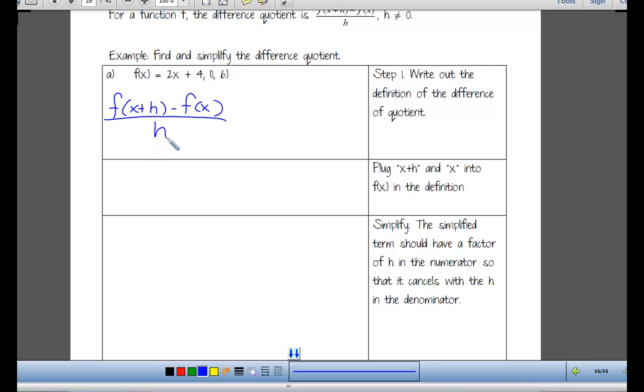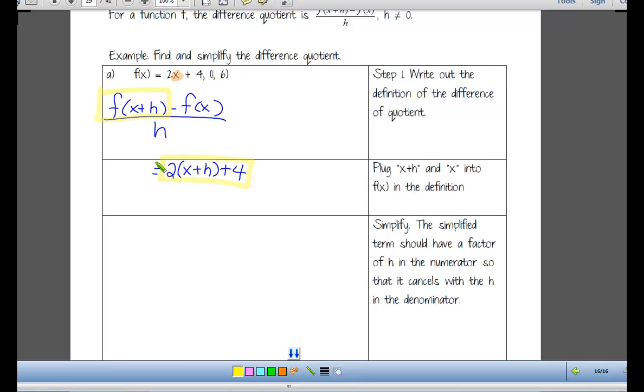When I plug in, we're plugging in x plus h right there. So we get 2 times x plus h plus 4. All of this is our f of x plus h.